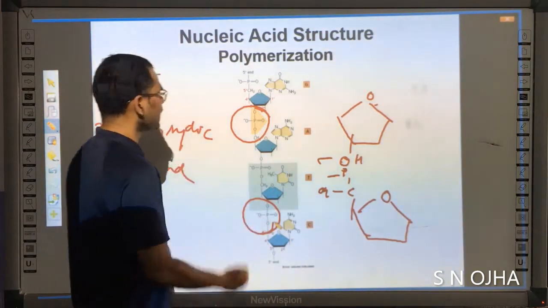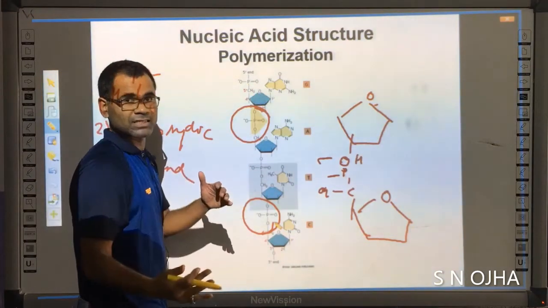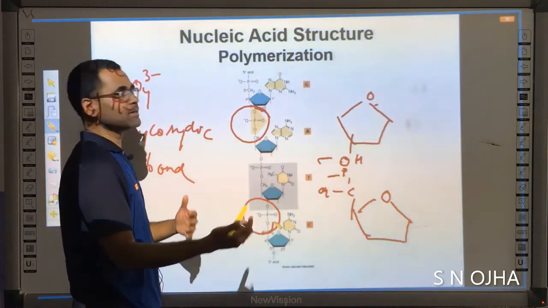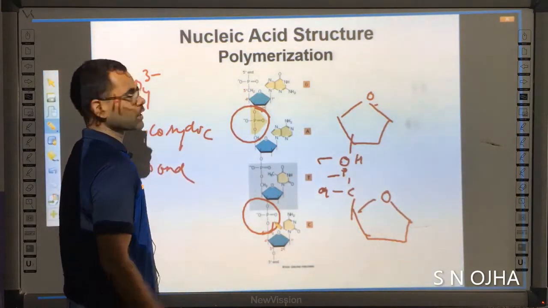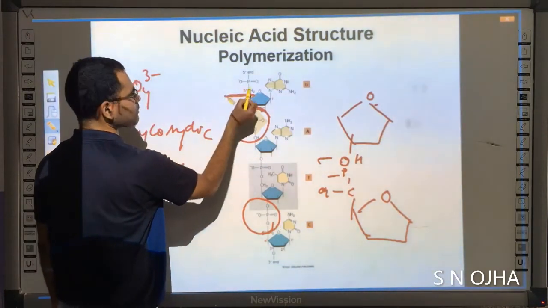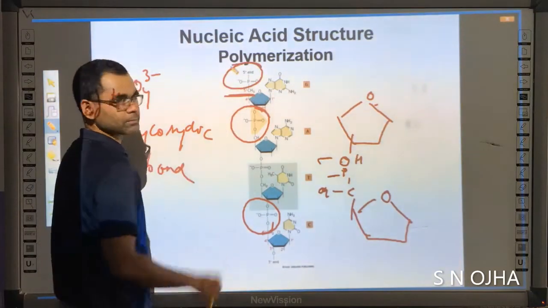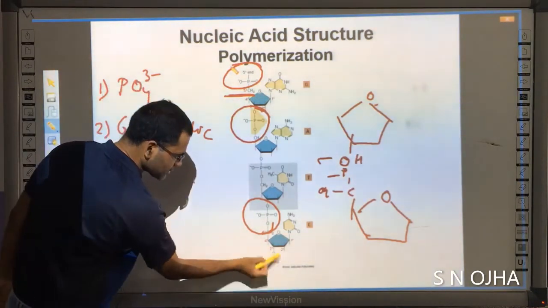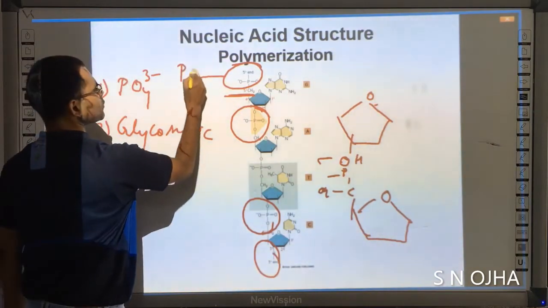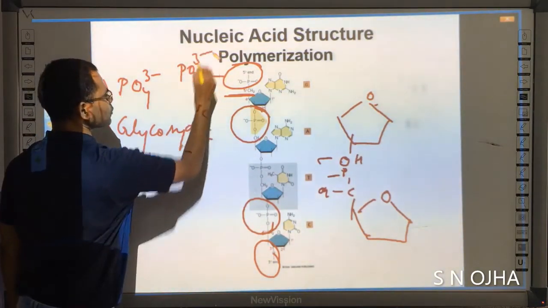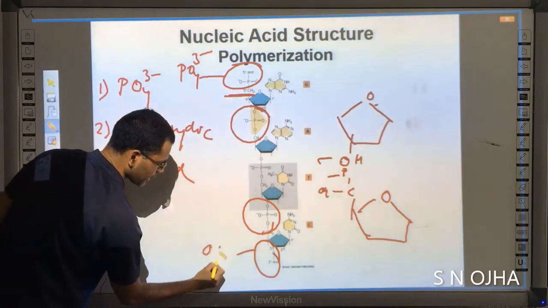And one more thing, here you can see what I was discussing: at the 5 prime end one phosphate is added. So phosphate groups are added only at the 5 prime end. At this 5 prime carbon you will find a phosphate group, and here at this 3 prime end, there is a hydroxyl group.